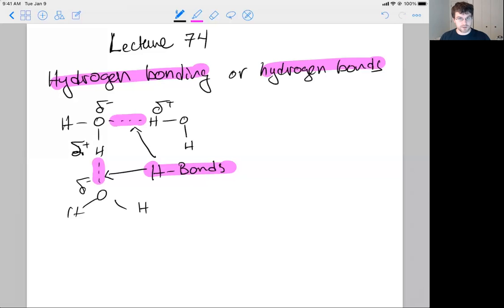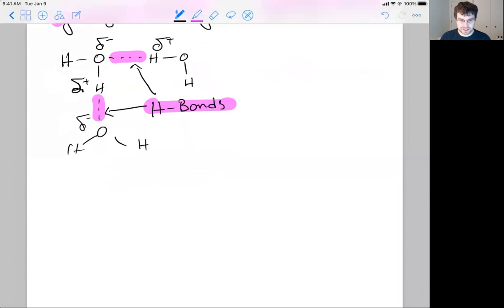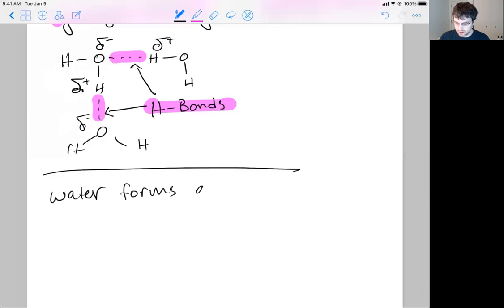You can take advantage of this all across whatever we're trying to accomplish as humans or biological systems. It's important. Water forms a strong H bonding network, and we should recognize that, and we should not forget that. And again, H bonding is hydrogen bonding.